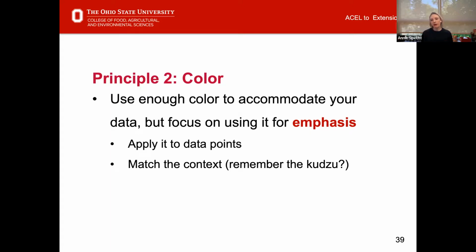But you want to use color for emphasis whenever possible. So things like applying color to your data points as opposed to an entire graph. Matching the color that you choose to the context of the visual. So again, thinking about that kudzu vine example, where we had a key that included green, but they used green for the wrong thing, essentially. They were using it for the wrong finding.